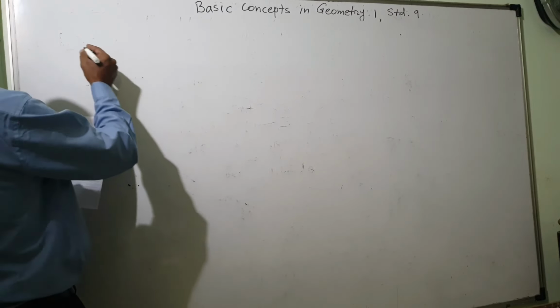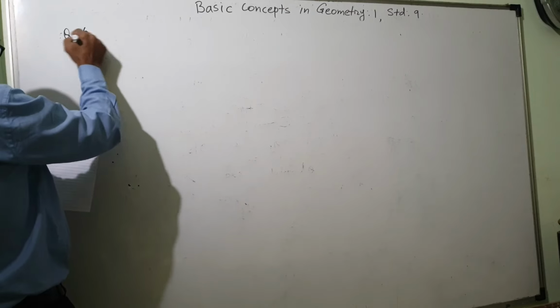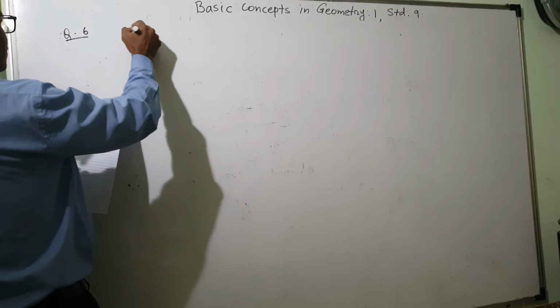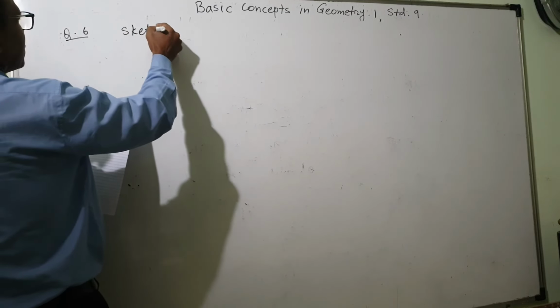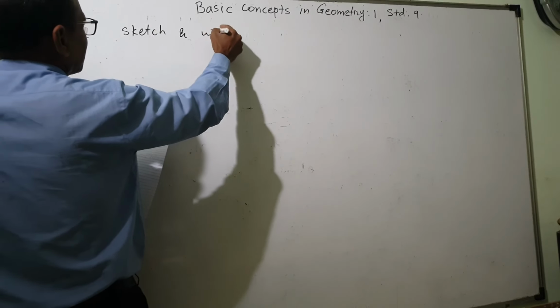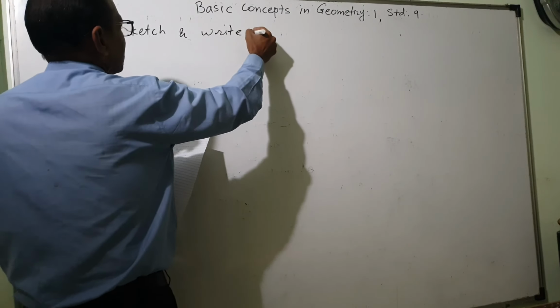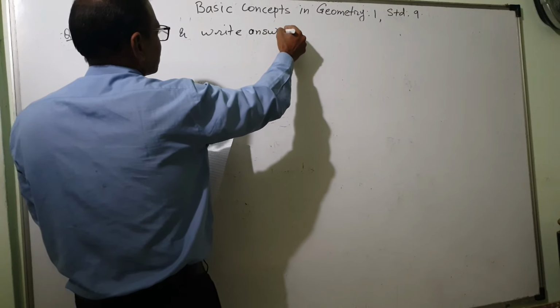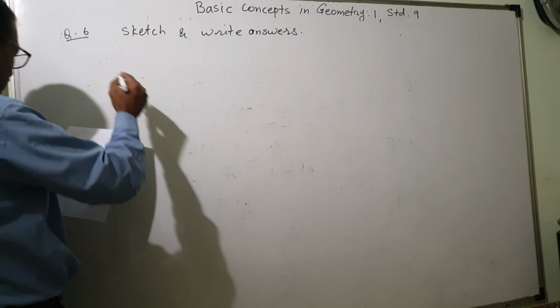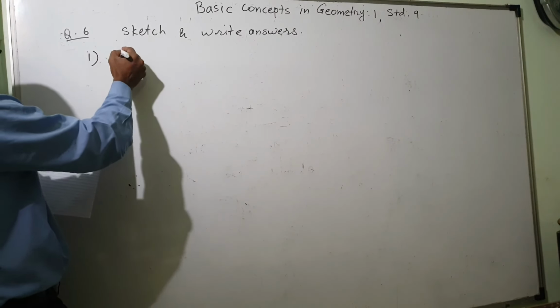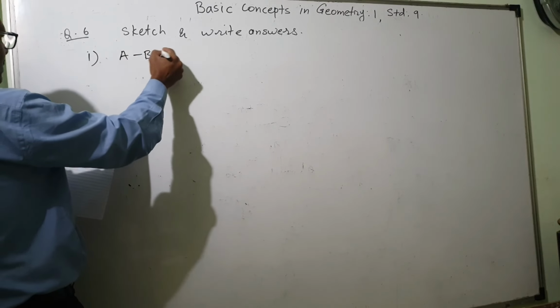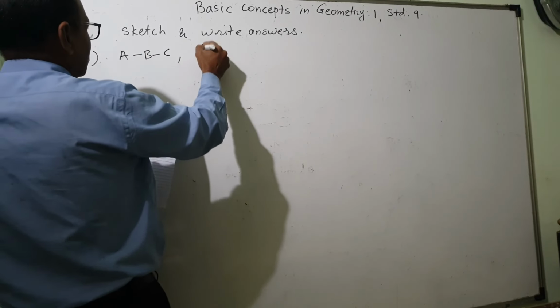Sketch and write the answer. Question 6 I have taken now. Sketch and write answers. In that, number 1 is A-B-C. Length AC.